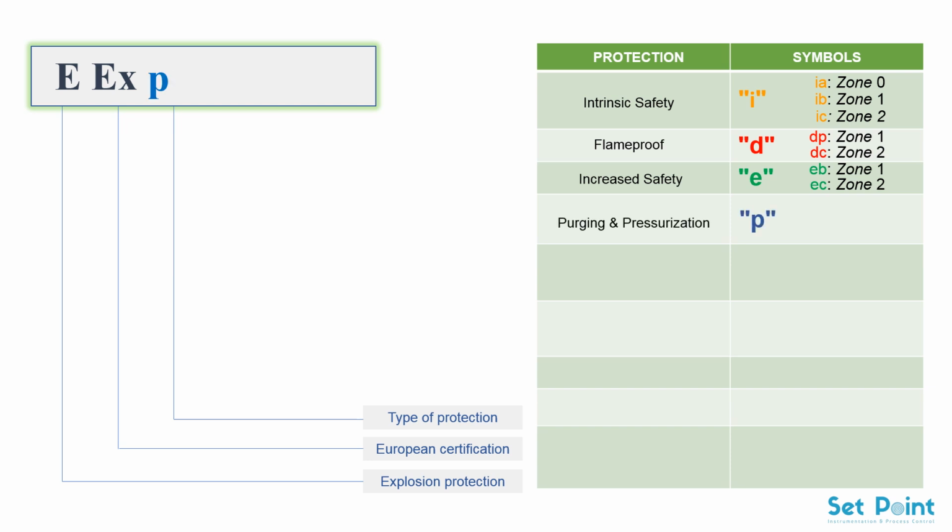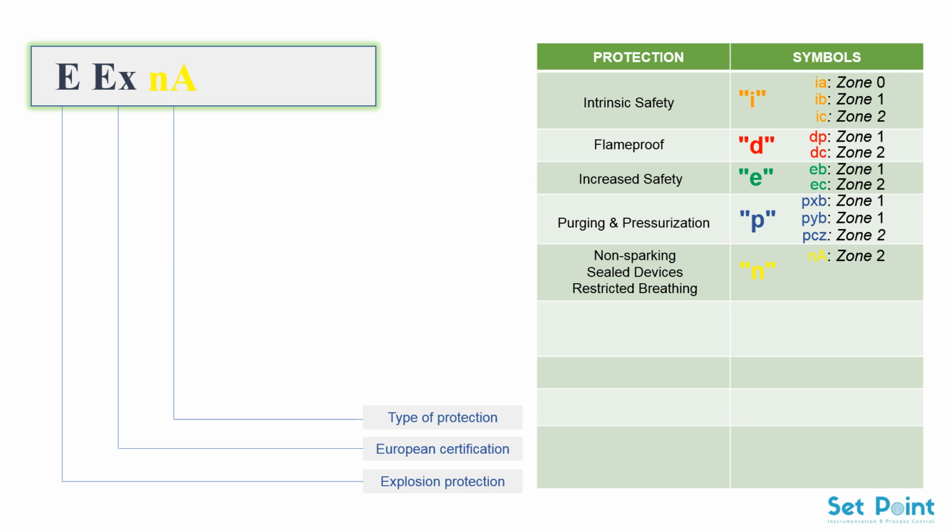Another protection technique is represented by the letter P, which means purging and pressurization. PXB is for Zone 1. PYB also for Zone 1. And PZC will be for Zone 2. Purged equipment cannot be assessed for Zone 0.